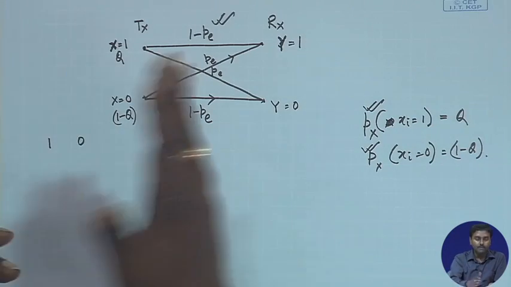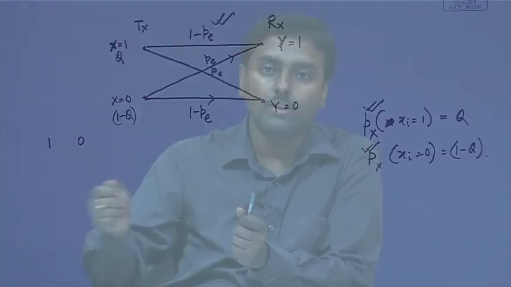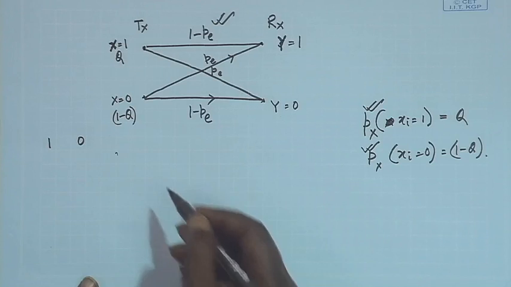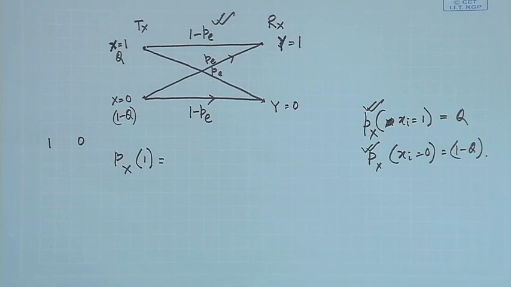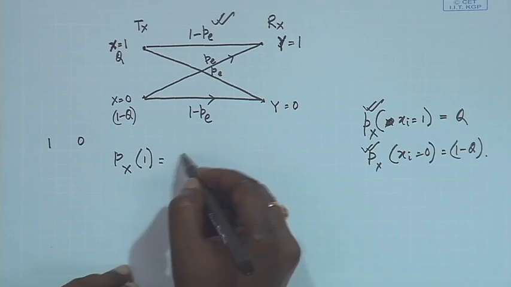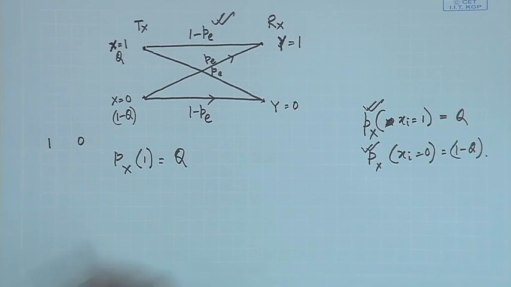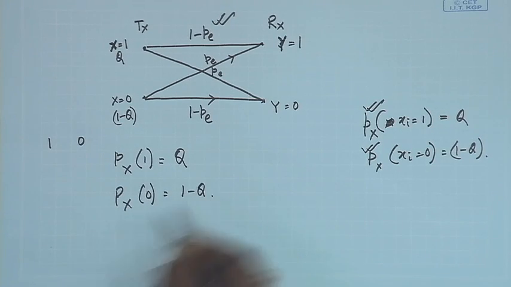Both of them I have now mapped into the real axis, each can take the value 0 or 1. So, I know the prior probability: Px of 1, that the random variable takes the value 1, is q, and Px of 0 is 1 minus q.